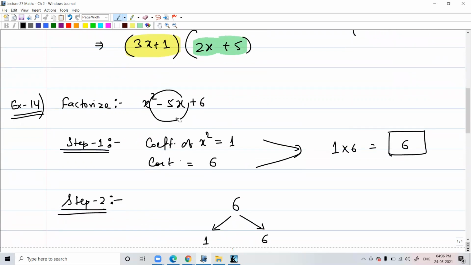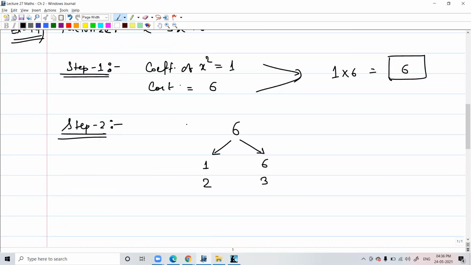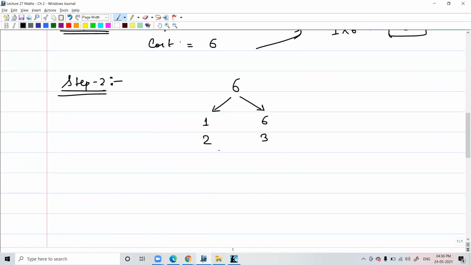So you need a minus 5x. How would you get a minus 5? Tell me. We could choose plus 1 and minus 6 or minus 2, minus 3, sir. Yes, very good. There are two ways to do it. If I want minus 5, that's the middle term, I can do it in two different ways.